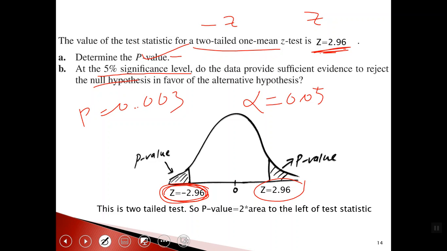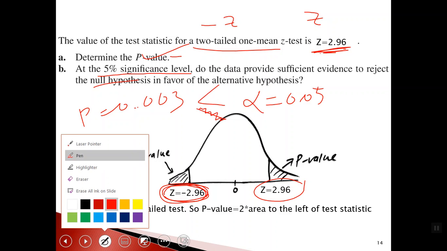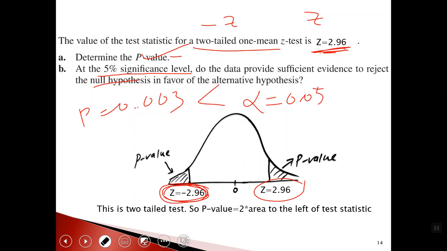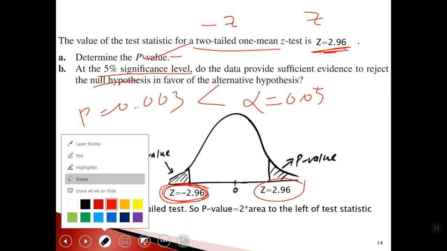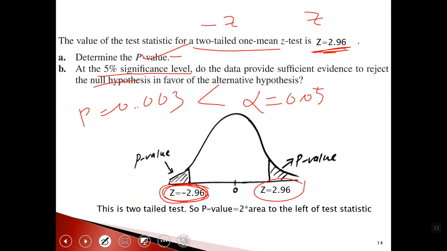So you can check these two values. Your p value is less than, or less than or equal to, your alpha value.